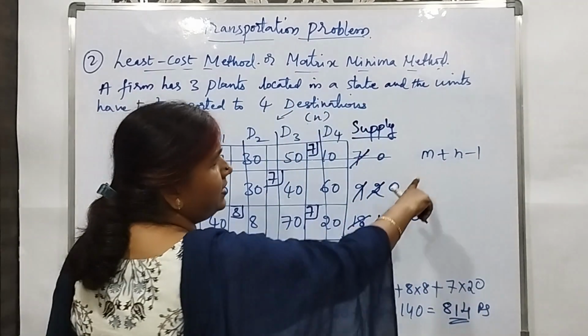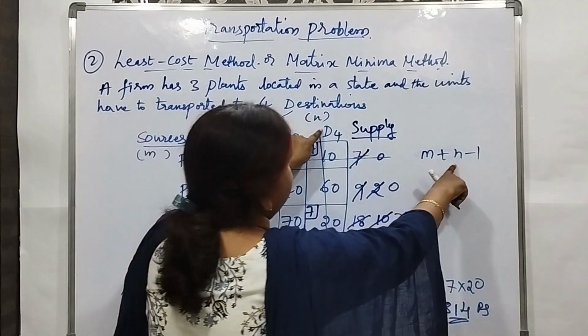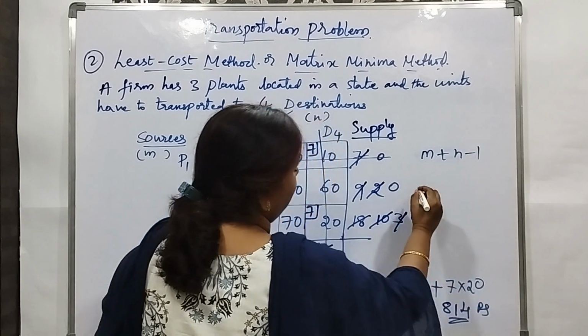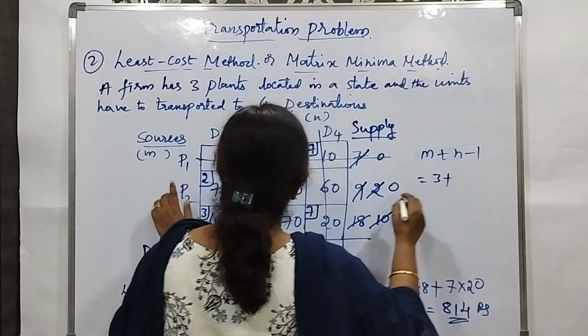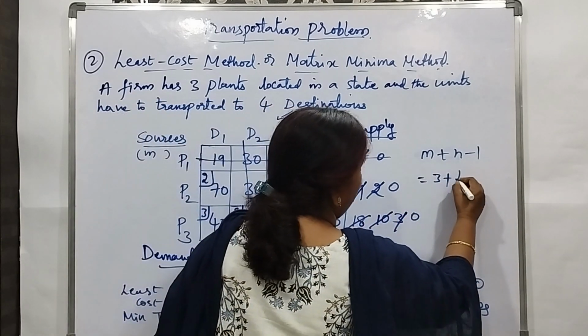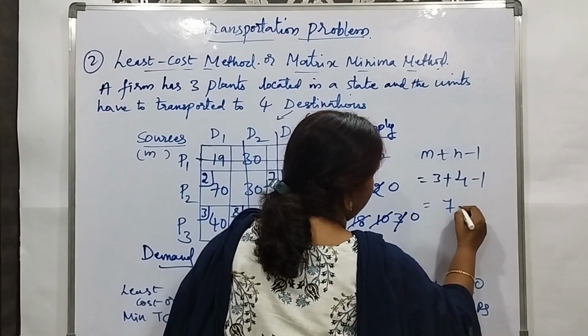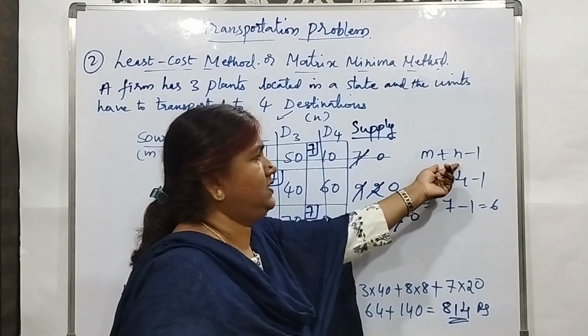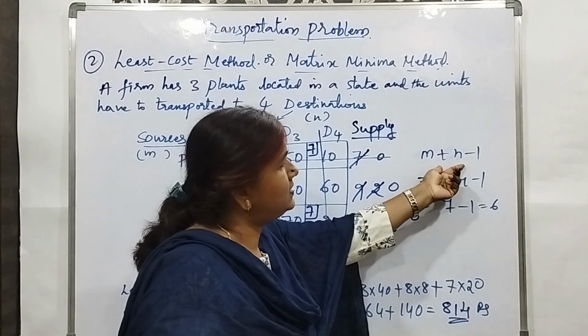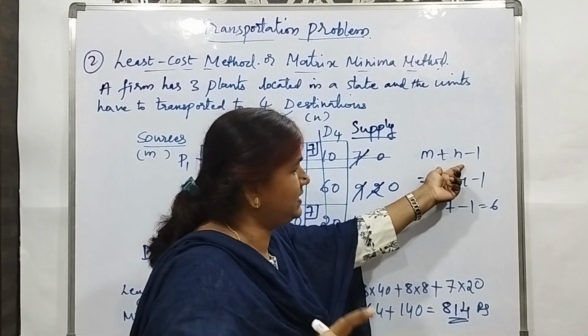What is m here? m is sources and n is destinations, minus 1. How many rows are there? 3 rows. How many columns? 4 columns. 3 plus 4 is 7, minus 1 is equal to 6. This equation must be fulfilled.